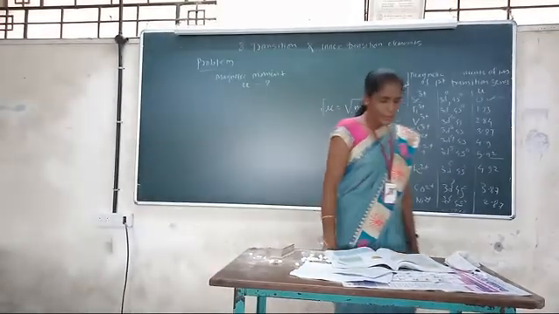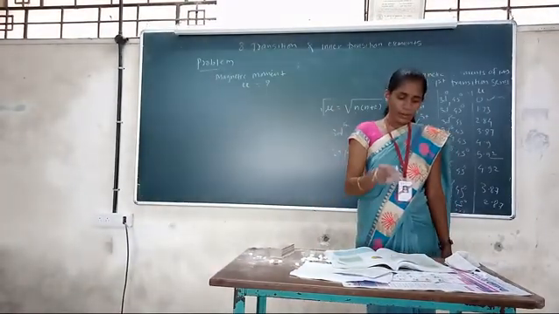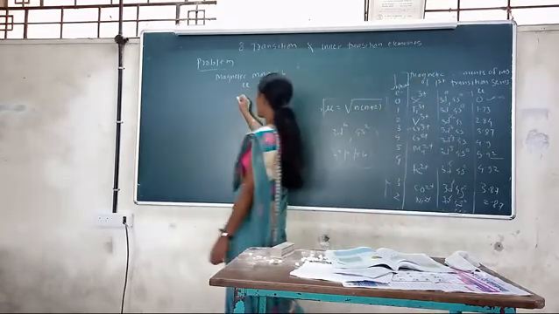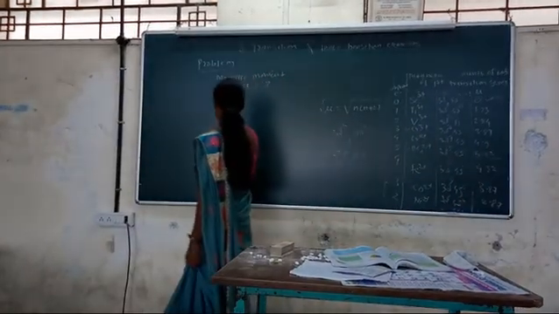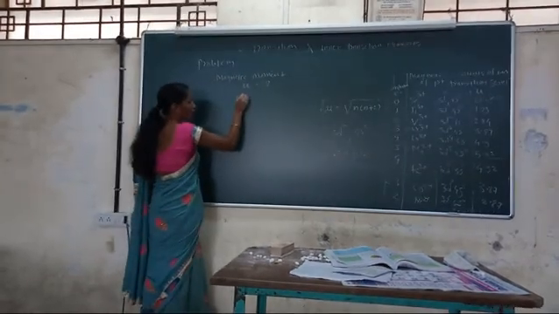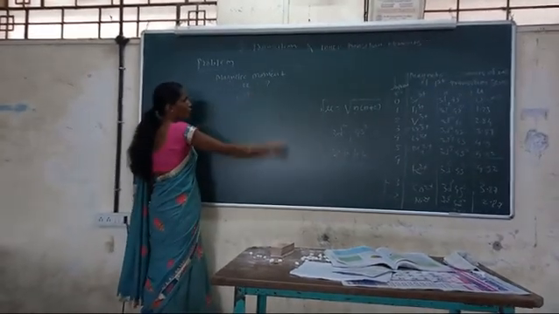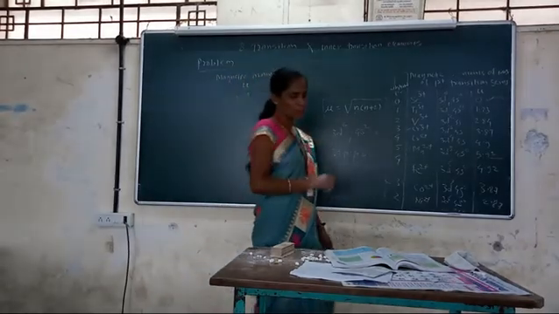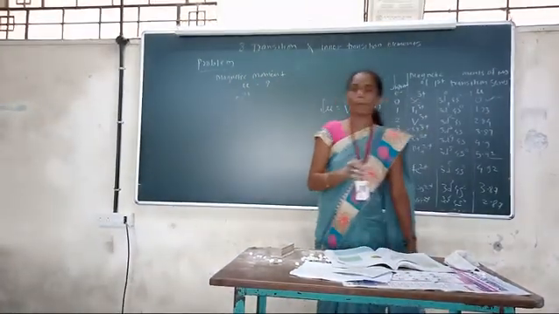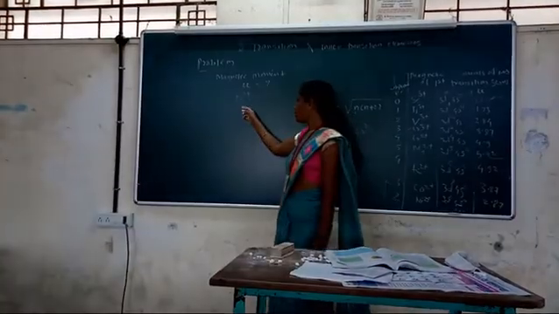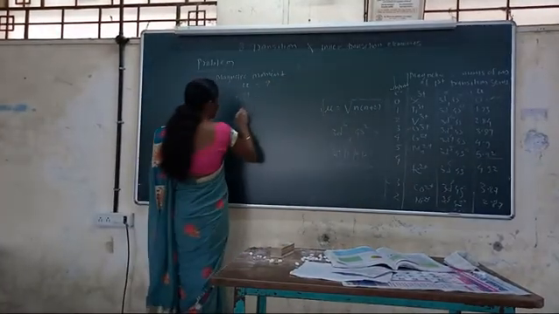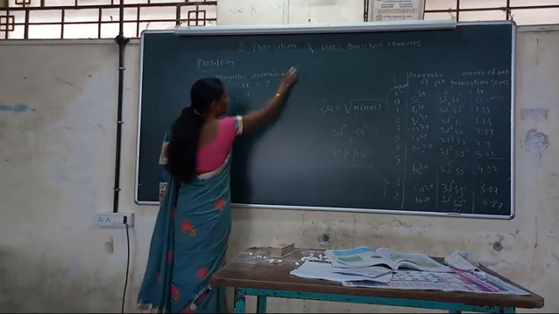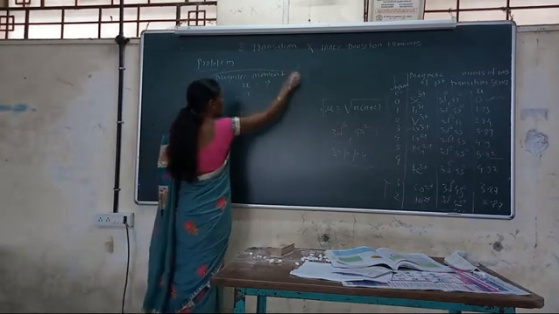The given data is a divalent cation of a transition metal. If the transition metal is denoted by M, divalent means 2 plus charge. The atomic number of this metal is 25. This is the given data.